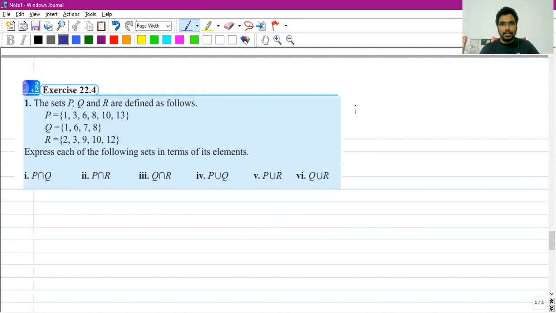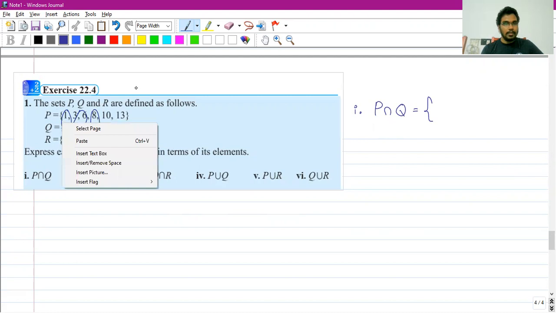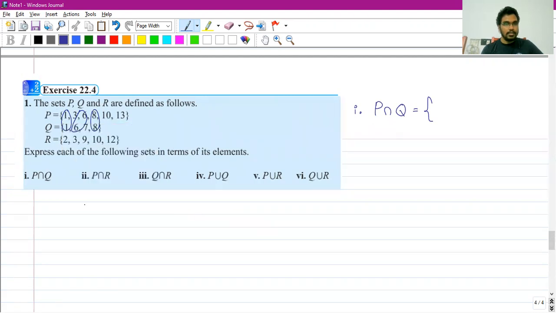The first one is P intersection Q. Intersection means the common elements of both sets, P and Q. 1 is common, 6 is common, 8 is common. So those are the 3 common elements, and we can write the answer 1, 6, 8.